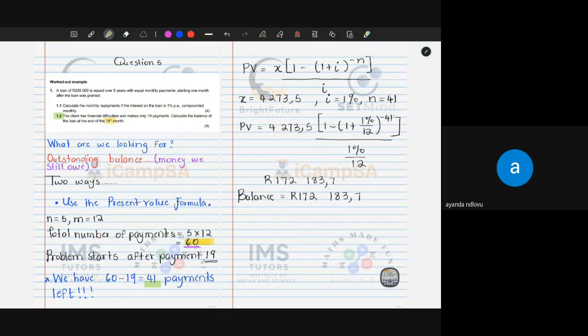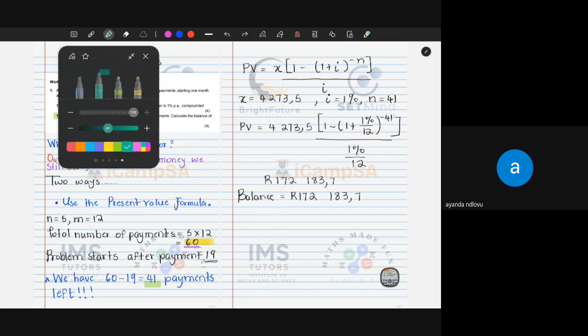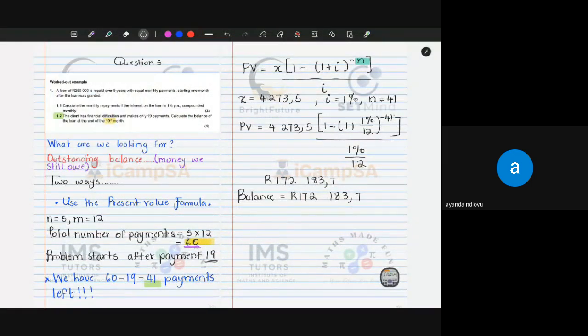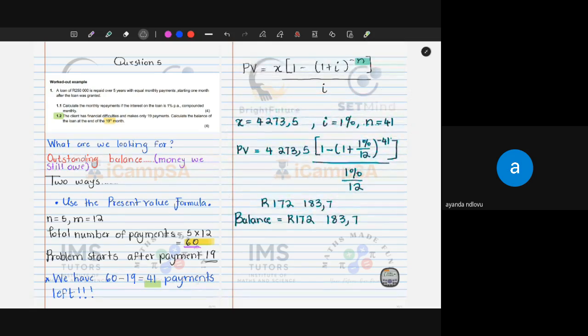So now we say 60 minus the payments we have done, so we are left with 41 payments. That is why on the end, what we will use is the 41 there. So that, guys, that's the trick here. If you get that right, you are ready to go to the moon. Any questions, guys, on outstanding balance before I show you the second method?